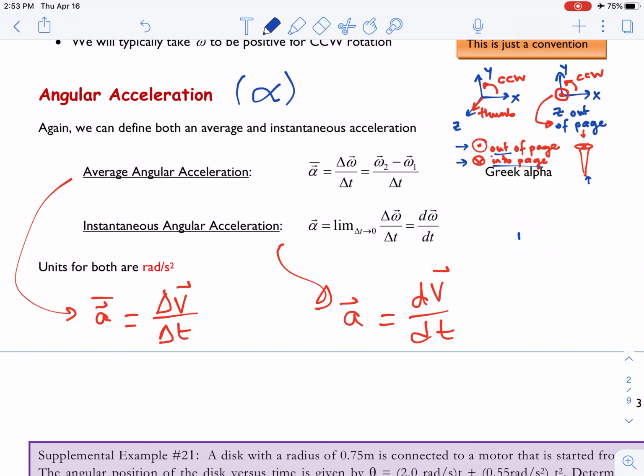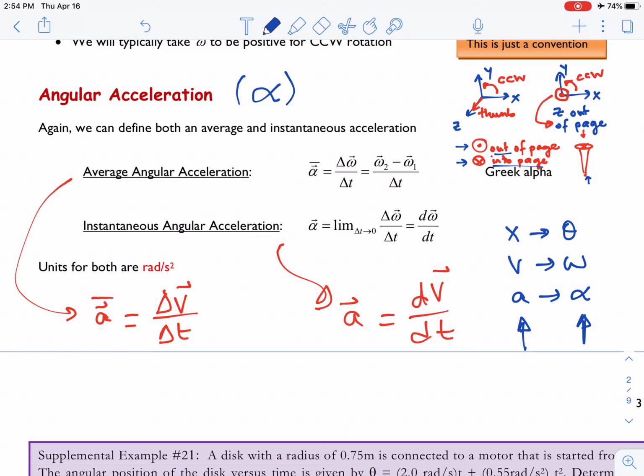I'm just going to call x for one dimension, x goes to theta, and v goes to omega, and now a goes to alpha. So if you look at the equations that we derived for the linear motion, now change those, use these new letters. They are the same equations, okay?